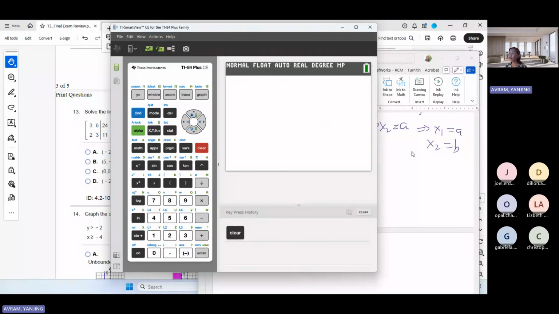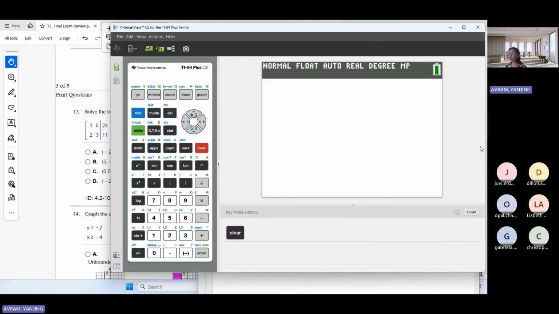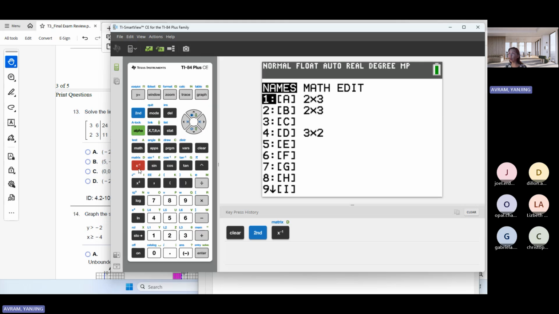Okay, so first, if you want to use the calculator, you have to find the matrix function, okay? The matrix here is in blue color, so you need to press second x inverse, so that's matrix, all right? You have to work from right to left. So basically, you have to go to edit to input a matrix.